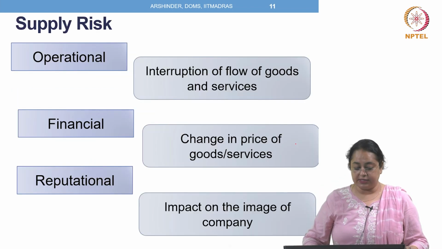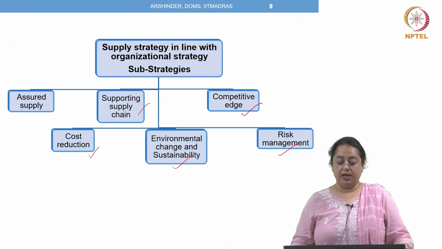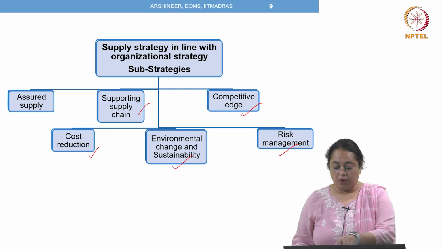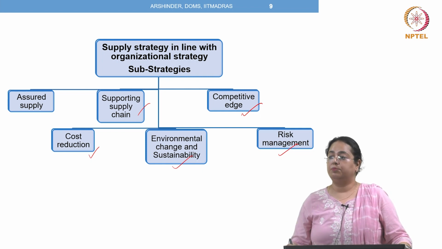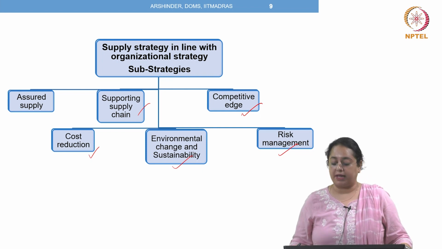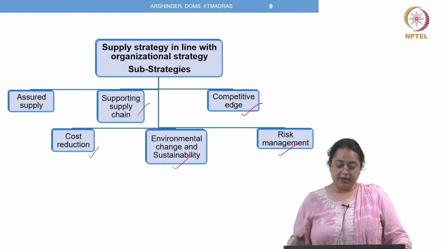Assured supply means continuity of supply, right? So we would see that, competitive edge again, like, how to be the best in the market, okay? Most of the points we have already covered, right?